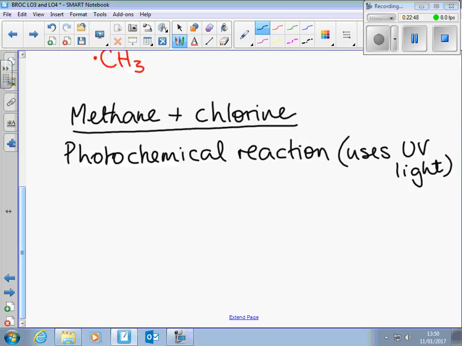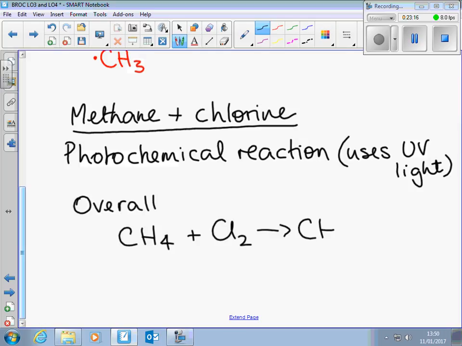And the first step, now the way that this works is that we have the overall reaction. You'll find that at the top of the page. Overall, if we just substitute one hydrogen, our methane plus chlorine, we lose a hydrogen off here, we replace it with a chlorine from there, so we get chloromethane, or you could call it methyl chloride if you wanted to, but chloromethane is more accurate.